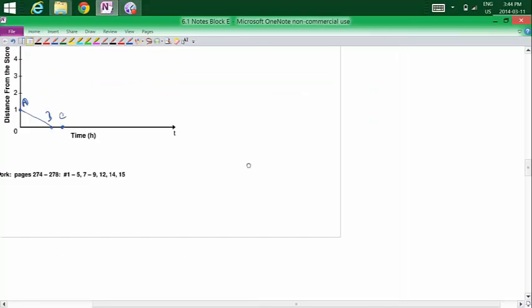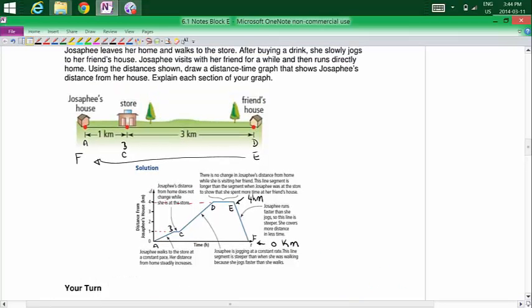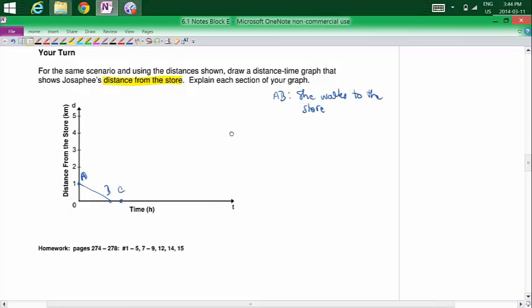Now, if we go back up to our diagram, her friend lives 3 kilometers away from the store. So we need to draw a line from C, and she's jogging, so it should be a steeper line than from A to B, and it needs to stop at 3 kilometers. So we should be able to draw a horizontal line from 3 kilometers to this point, which we're going to call D. Oh, and I should write what BC is, sorry.